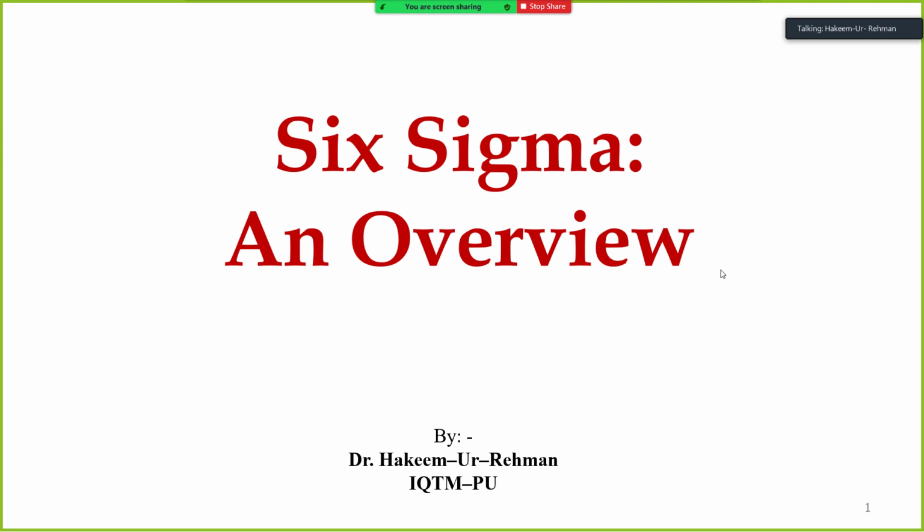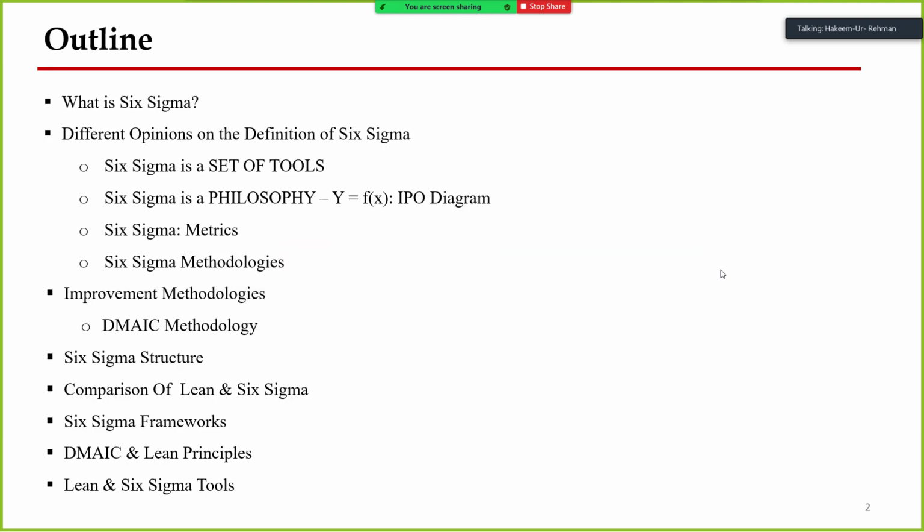Asif. So it's really a great pleasure to present about Six Sigma. In today's lecture, we will try to define Six Sigma, what basically Six Sigma is. Then I am going to talk about the different types of definitions of Six Sigma, because some people say Six Sigma is a set of tools.